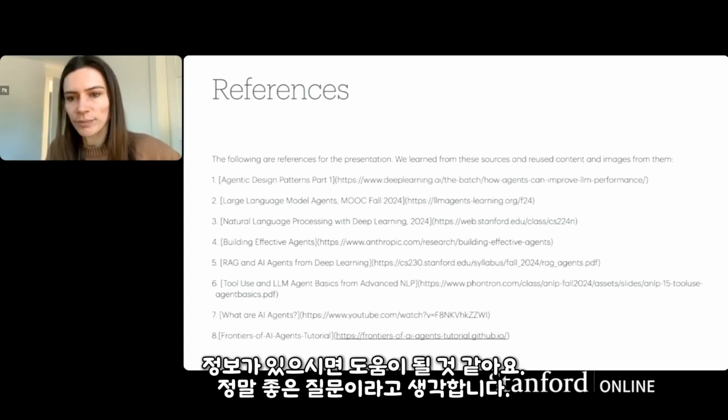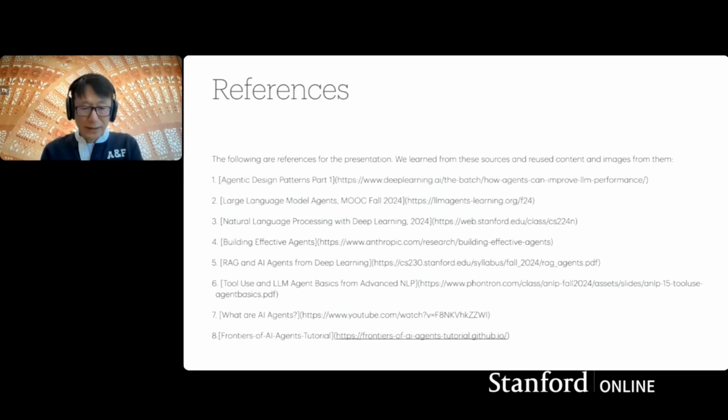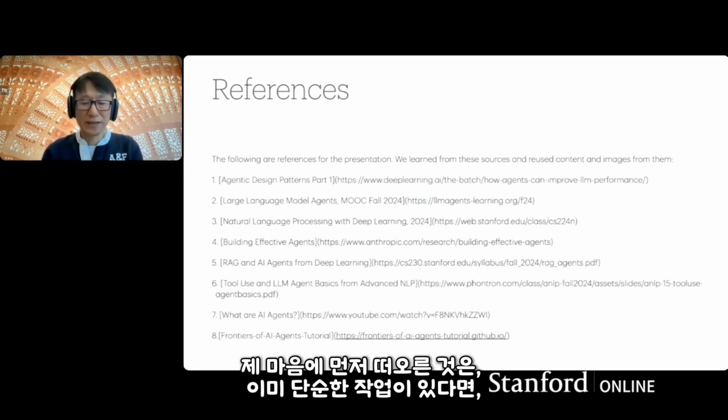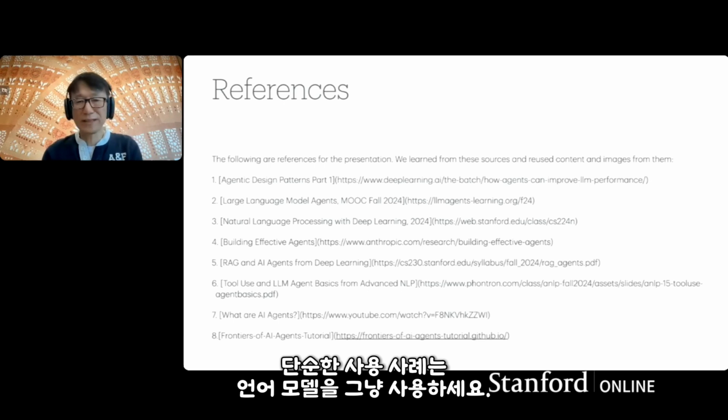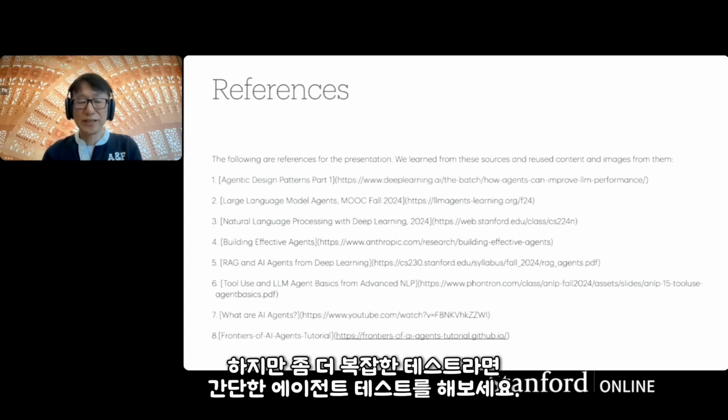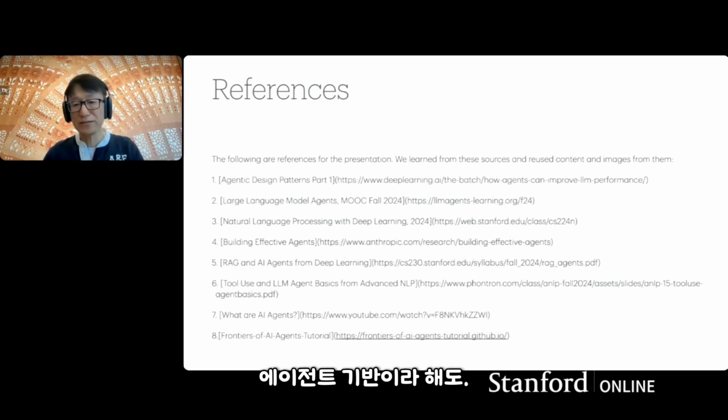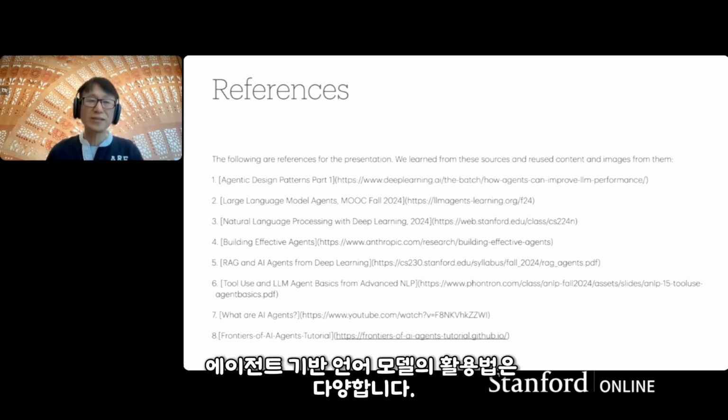Right. Again, I think this is a great question. The first thing that came to my mind is, if you have a task which is already simple, then you just use simple language model use cases. However, if you see a more involved or complex task, you could experiment with a simple agentic language model usage.